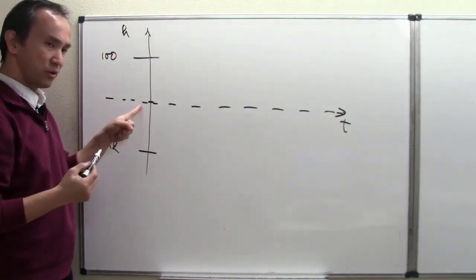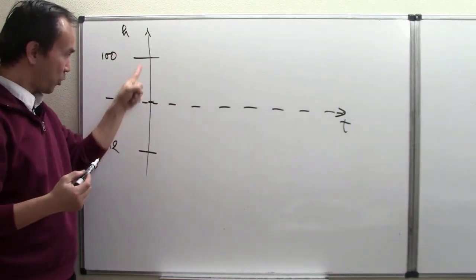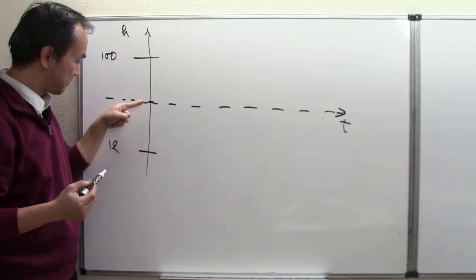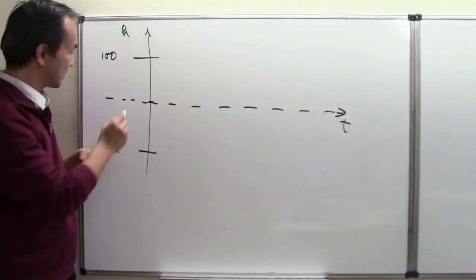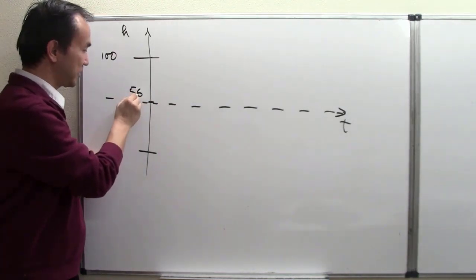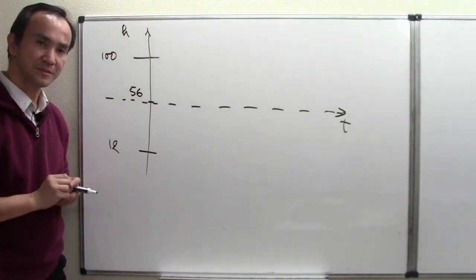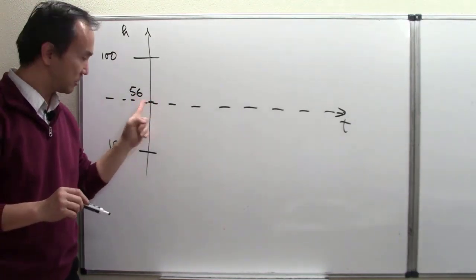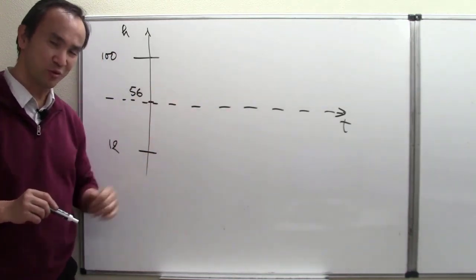With some quick math, we can find out that the mid height right here has to be 56 feet above the ground. That's the mid height, and this will eventually be our center line, but we will get to that.